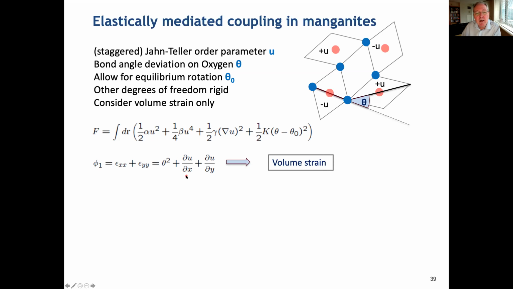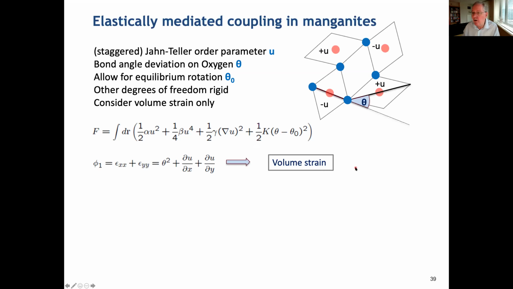And then the other way I can change the volume is if this variable u actually has a gradient in it. So if there's a gradient grad u, then that also produces a volume strain, because I can make this get smaller.